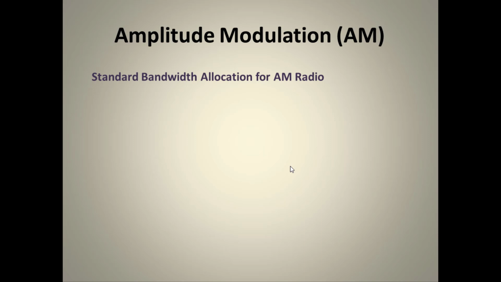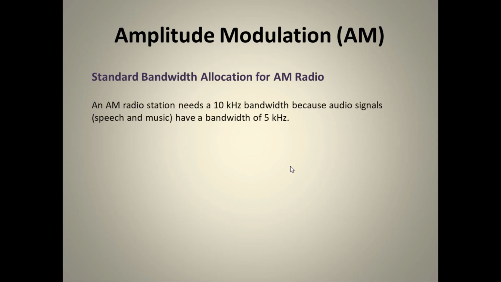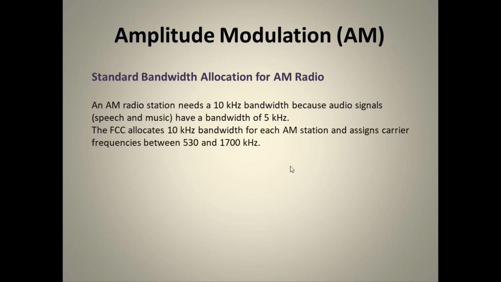Then we have something called AM radios, broadcasting radios. For this AM allocation, we have various rules. An AM radio station needs a 10 kilohertz bandwidth, because audio signals require a bandwidth of 5 kilohertz. So this much is allocated. The FCC organization allocates 10 kilohertz bandwidth for each AM station, and AM radio stations are allocated frequencies from 530 kilohertz to 1700 kilohertz.